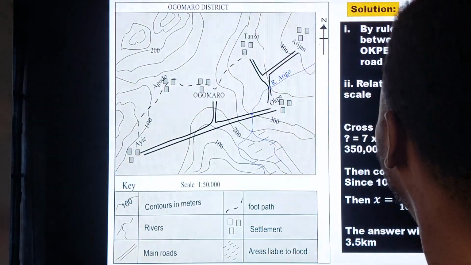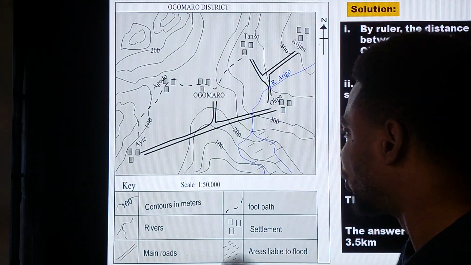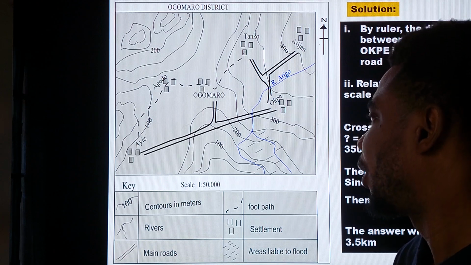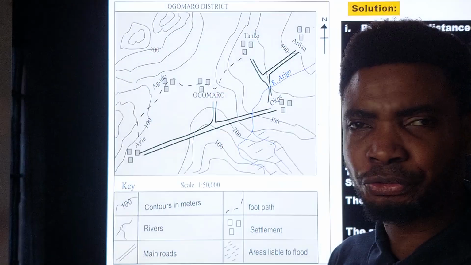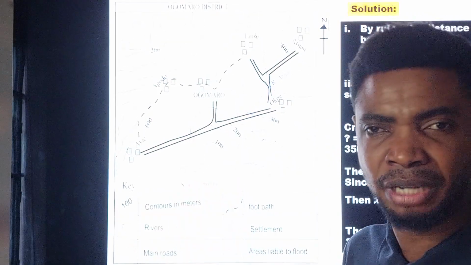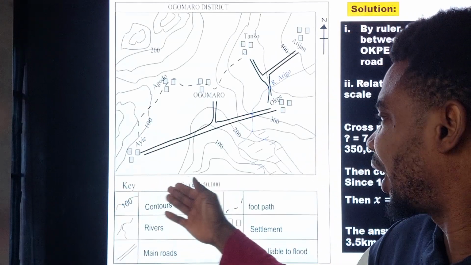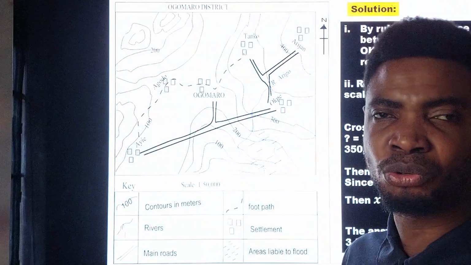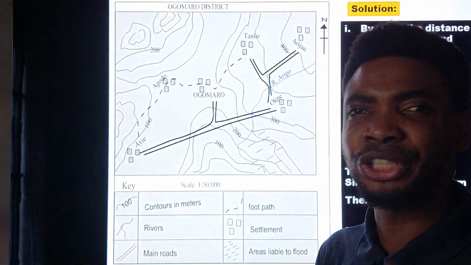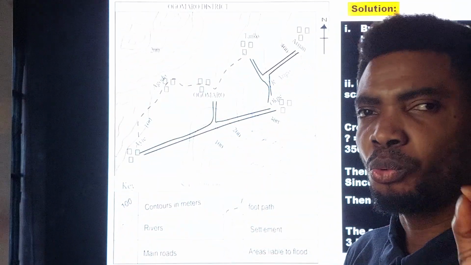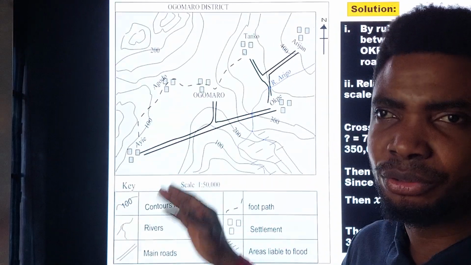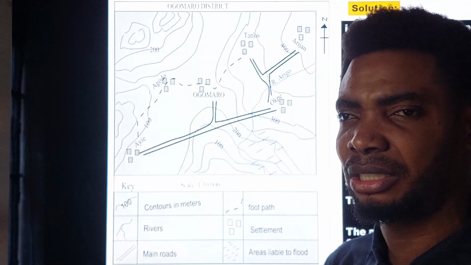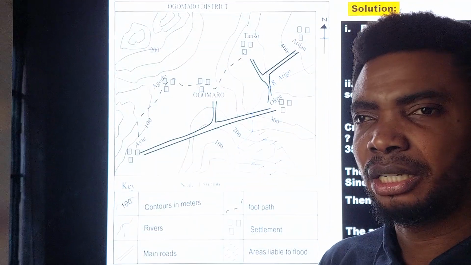So you relate it with the scale. What is the scale? You can see here that the scale is 1:50,000. It's a representative fraction, which means that 1 centimeter on this map represents 50,000 centimeters on the ground.